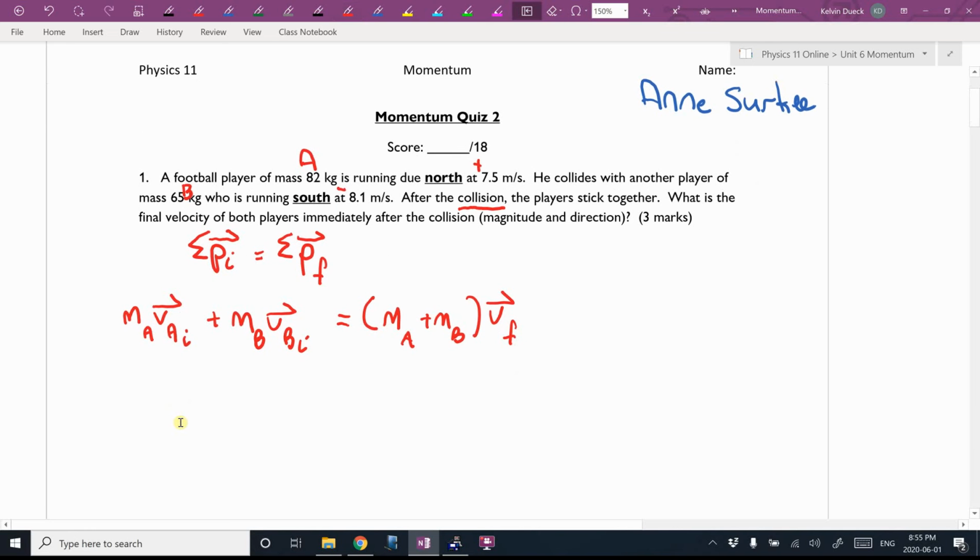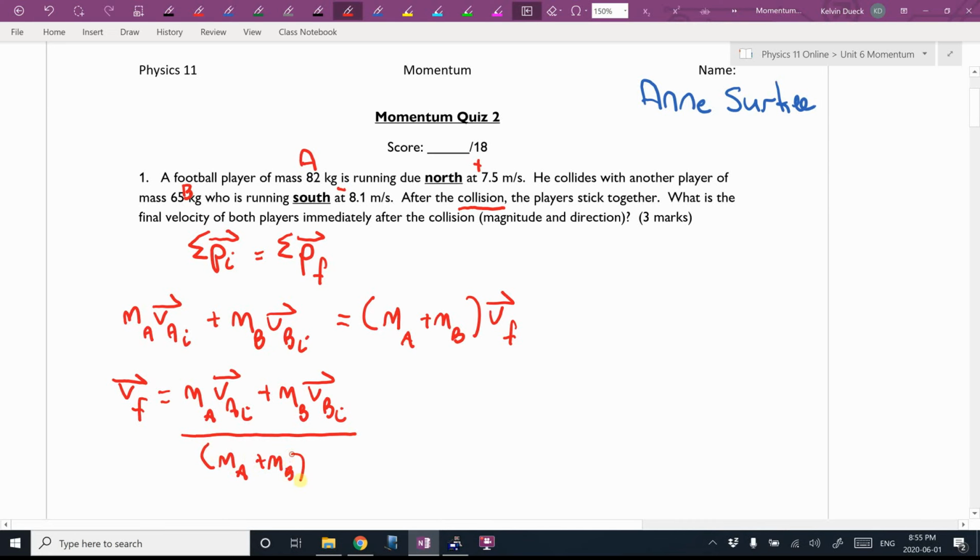To get V final by itself, it's going to be mass A times VA initial plus mass B, VB initial, remember to pay attention to directions, all over mass A plus mass B. Mass A, 82, times 7.5 plus 65, negative 8.1, all over 82 plus 65.